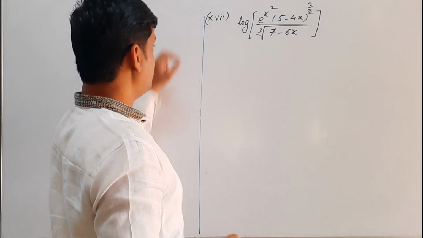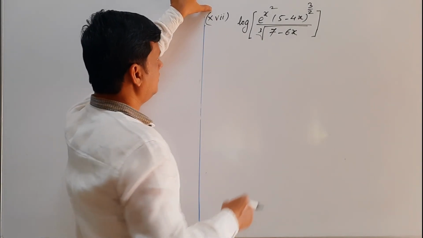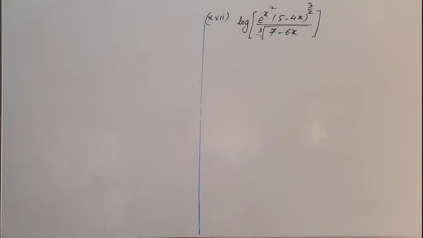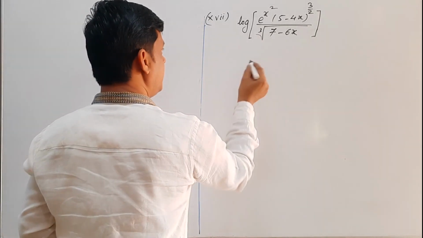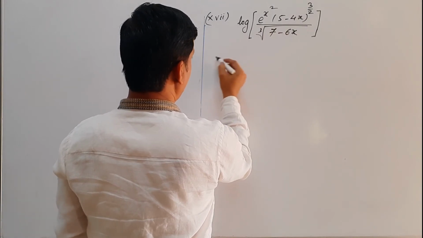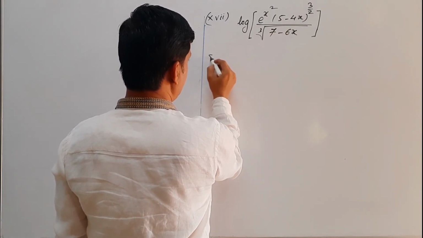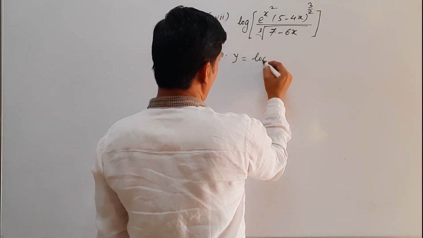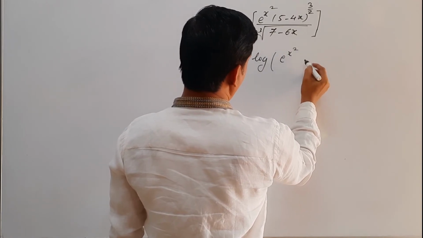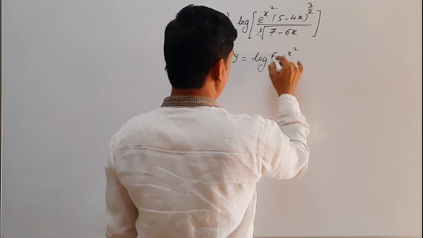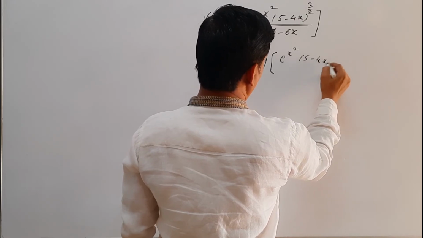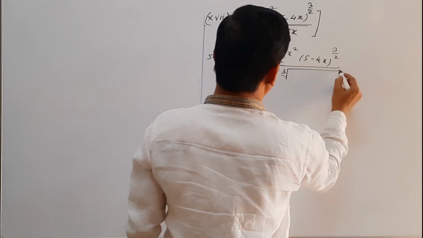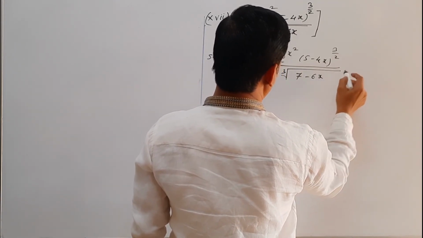Now see subquestion 17. So here we have to use log property. So we write here property of log. So first we write here given value as y. So y equals to log of e raised to the power x square into (5 minus 4x) raised to the power 3 by 2 upon cube root of 7 minus 6x.